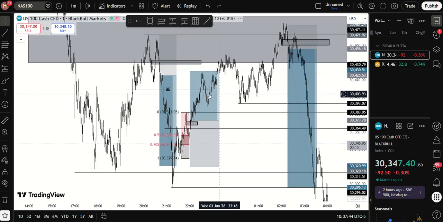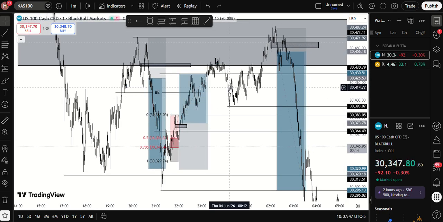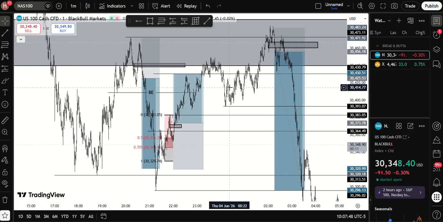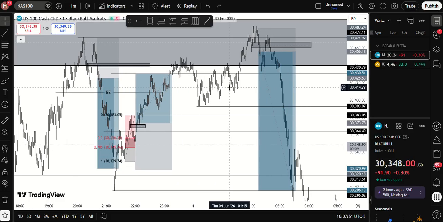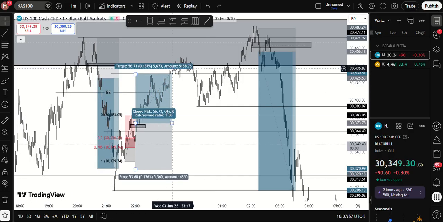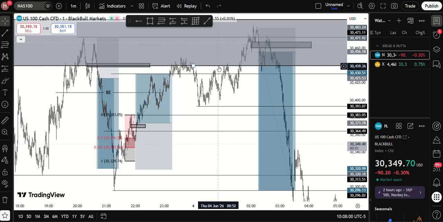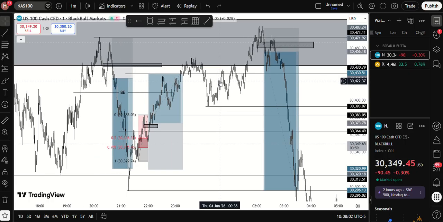As I said before, we're still trading into that hourly bearish fair value gap, so I wanted to be cautious of that. But I believe that because of the intermediate sweep, we could go up a little bit more before going down.